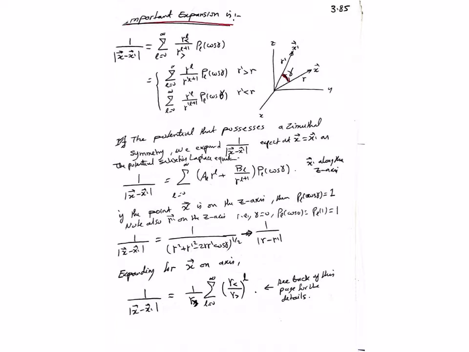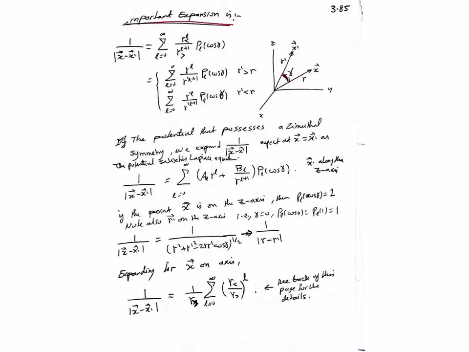This is given by summation over L from 0 to infinity of r less to the power L over r greater to the power L plus 1 times PL of cosine theta. R smaller or greater means that if r prime is smaller, you put it in the numerator; if r is the smaller, you put it in the numerator. The detail of this is given by this expression.